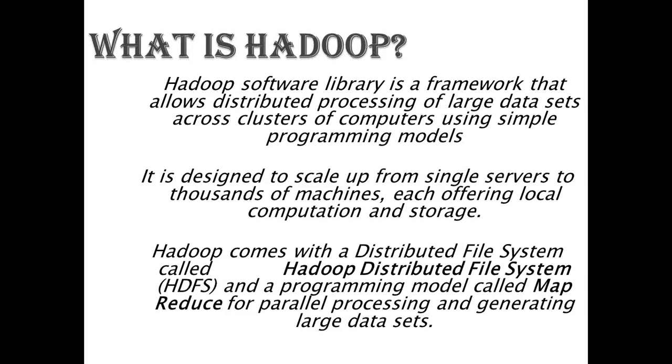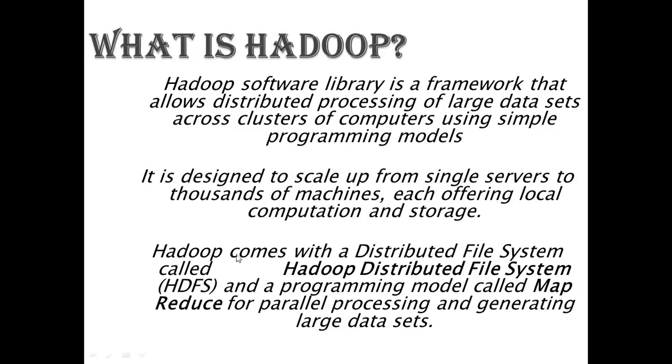So Hadoop is such a framework, written in Java, which allows distributed processing of large data sets across clusters of computers using simple programming models. That's the definition of Hadoop. But what is this distributed processing across clusters using simple programming models? To understand that, we need to understand two important things in Hadoop.